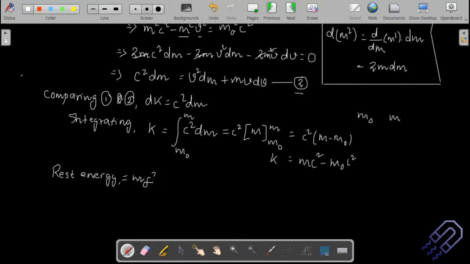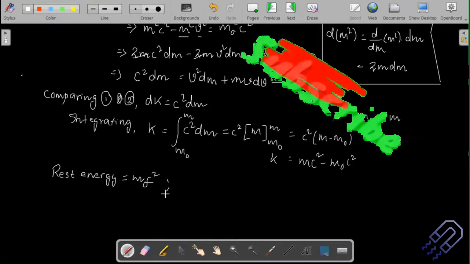As soon as it moves, it will be having both kinetic and potential energy, and as soon as it goes completely away from its motion, I mean totally in motion, it will be having only kinetic energy. So the entire potential energy will be converted into kinetic energy. So this rest energy is nothing but m naught c square.